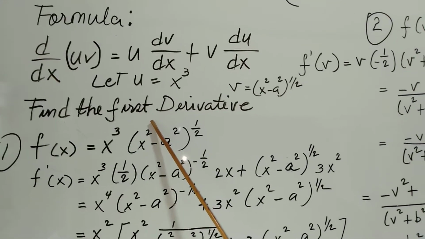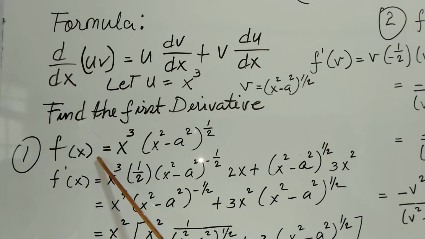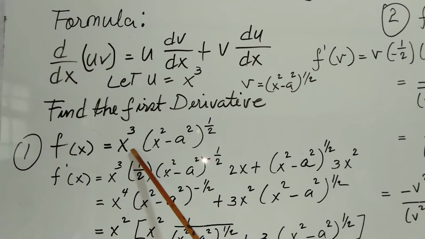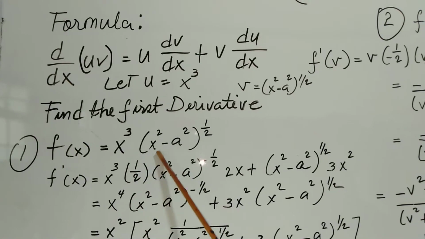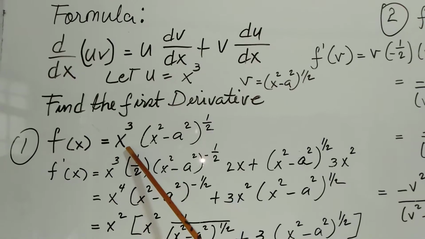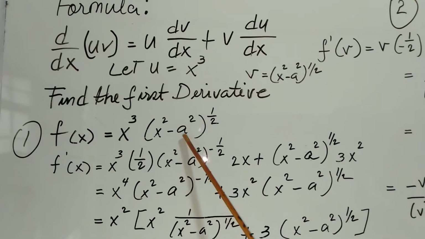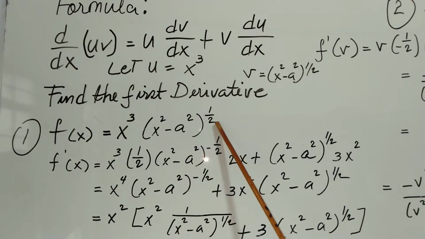So we let u, for this function f of x, the given, is equal to x cubed times the quantity x squared minus a squared raised to 1 half. We let u be x cubed, and v be this binomial here, x squared minus a squared raised to 1 half.